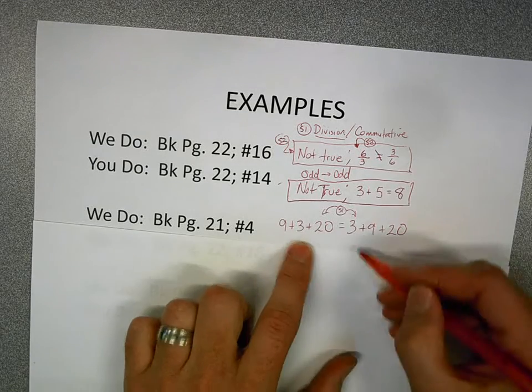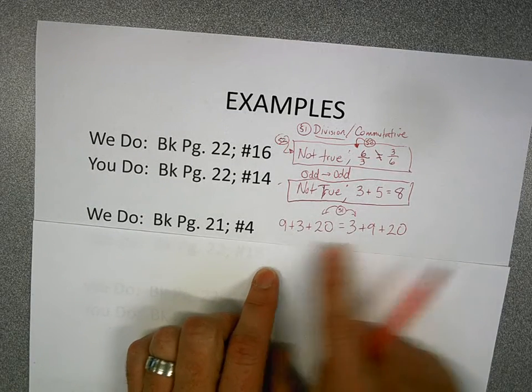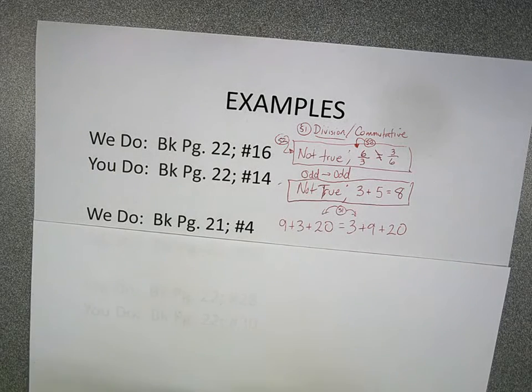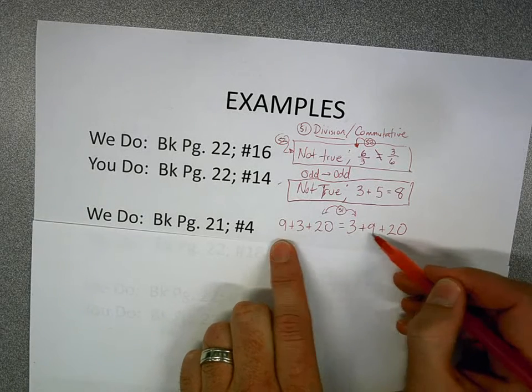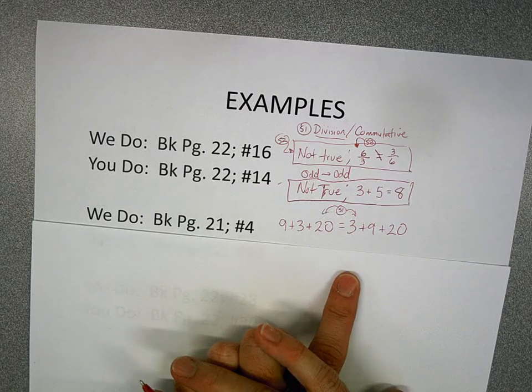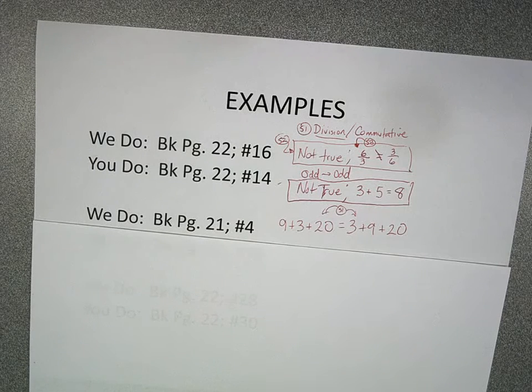So what that means is I can take two of them and switch them, and it gives me the same answer. They are equal to each other, these two sides, even though 3 and 9 are flip-flopped around the addition sign. Again, there's a bunch of properties. We talked about some properties in our notes. There's properties on page 19 that are highlighted along with the chart on 20.